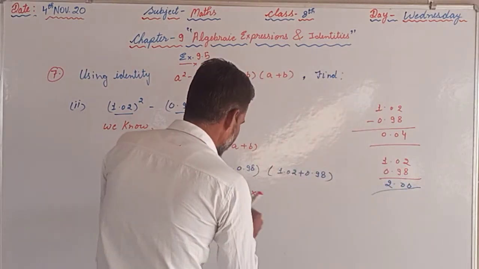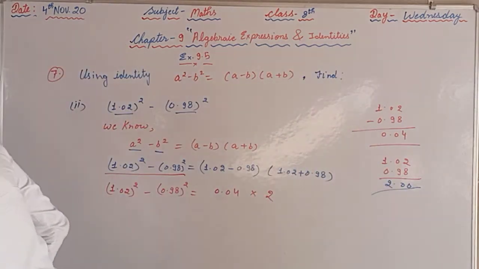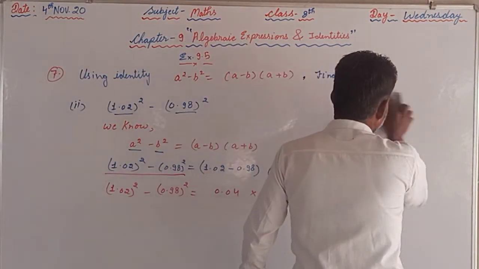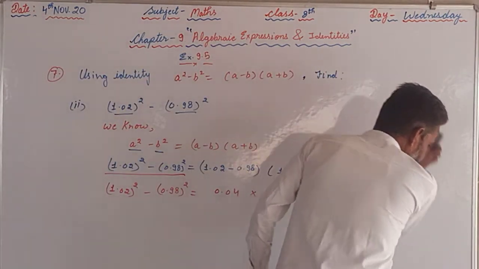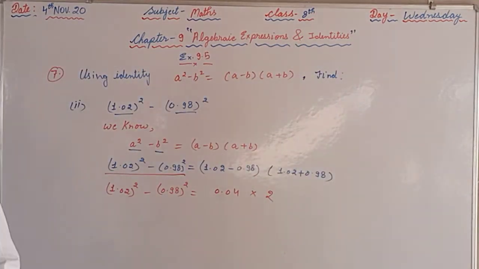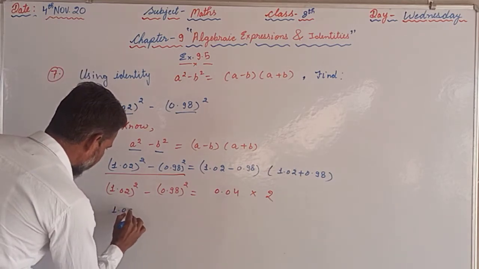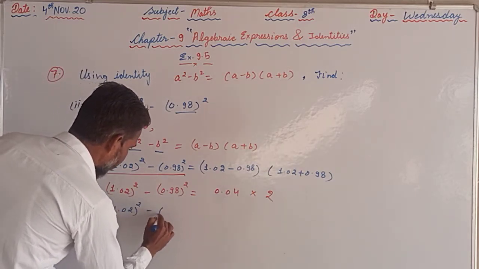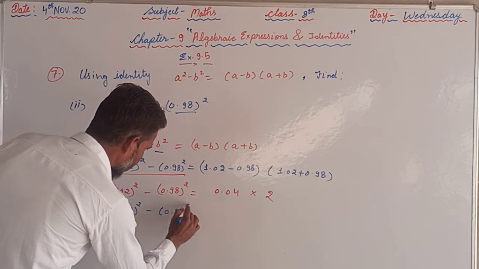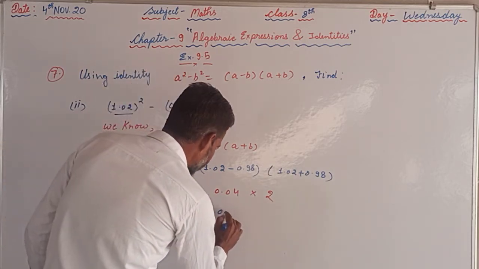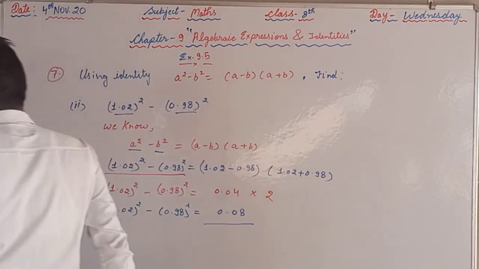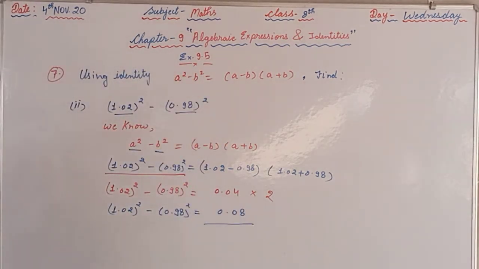So we add and subtract one time, and afterwards we multiply, and after multiplying we will get the answer, that is 0.08. So we got the answer. At the same time, we will take one more part, that is the third part of this question.